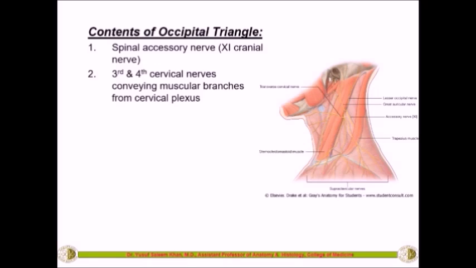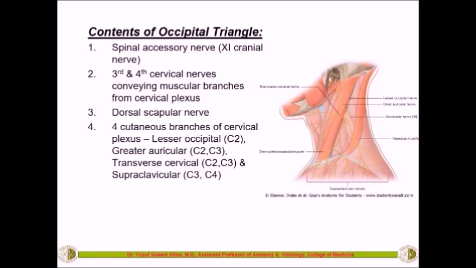Along with that, the third and fourth cervical nerves come here, conveying muscular branches from the cervical plexus. There is also the dorsal scapular nerve.